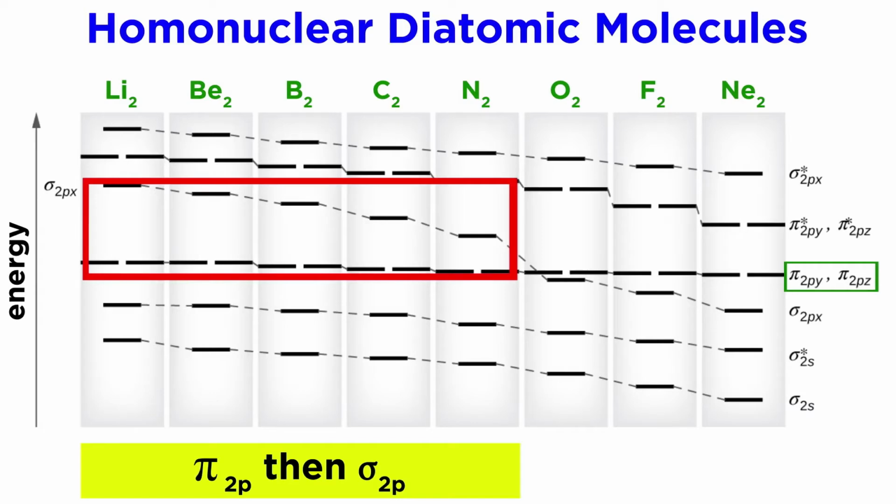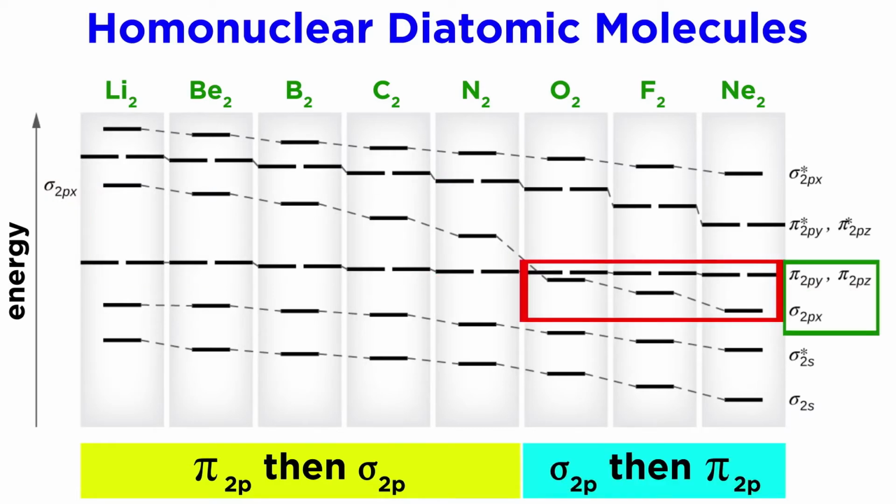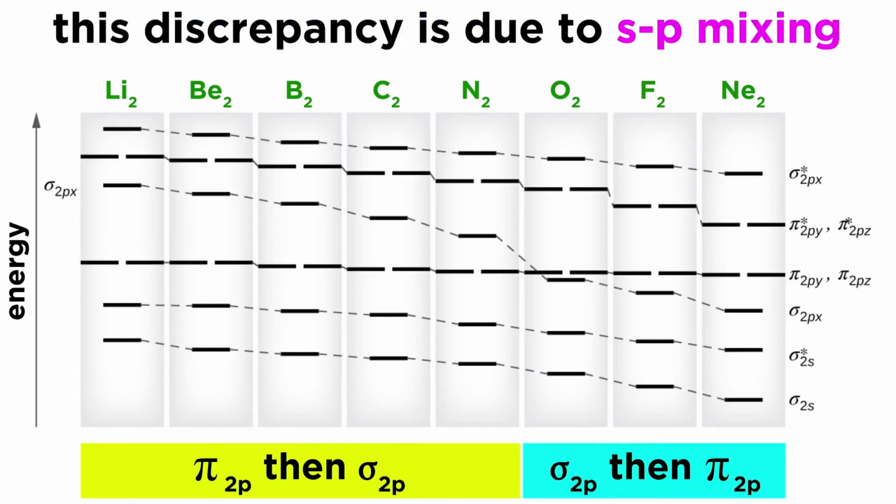On the left, the pi 2p bonding orbitals are lower in energy than the sigma 2p bonding orbital, but on the right, the sigma 2p bonding orbital dips below and thus will be filled first. This discrepancy is due to a phenomenon called sp mixing, which influences the energies of these molecular orbitals.